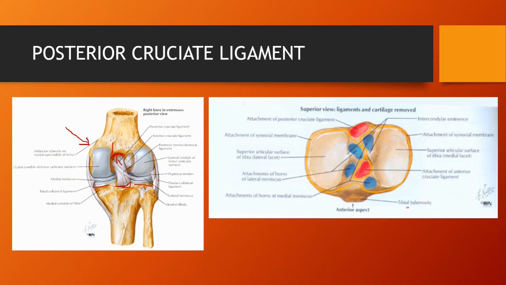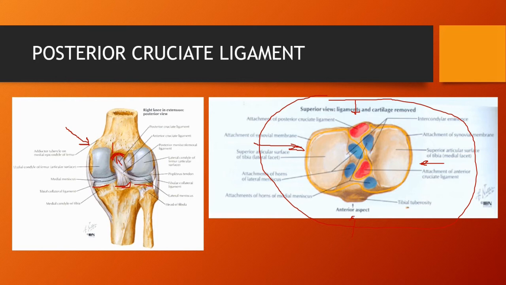So if we look at the superior aspect of the tibia with the femur and the patella removed, we get this diagram here. So this is medial here, this is lateral here, this is posterior here, and this is anterior here.